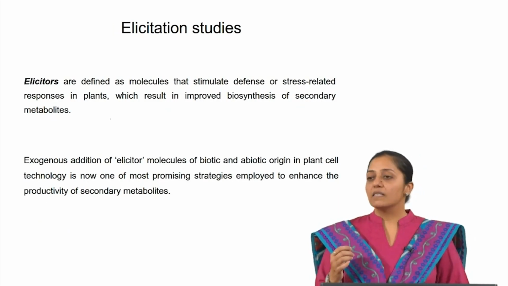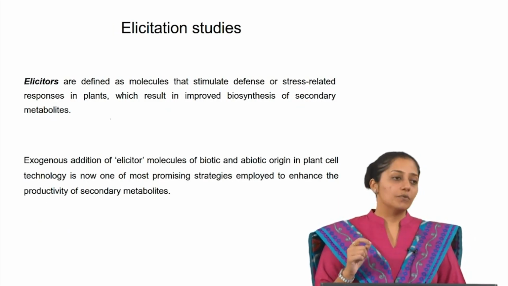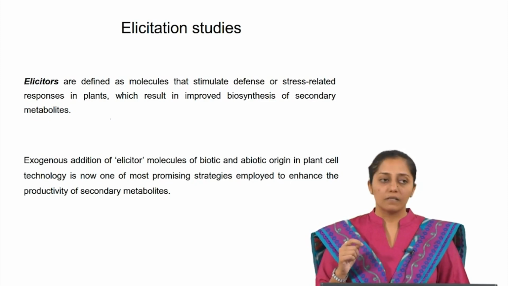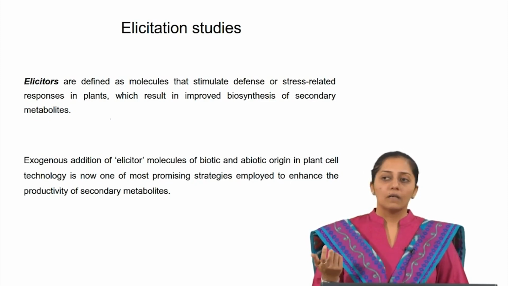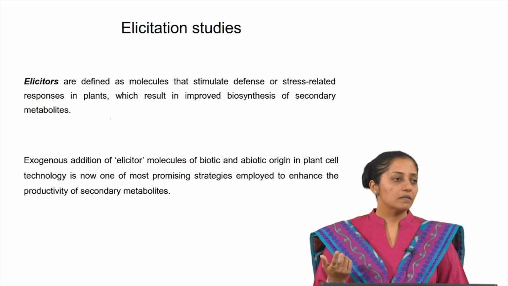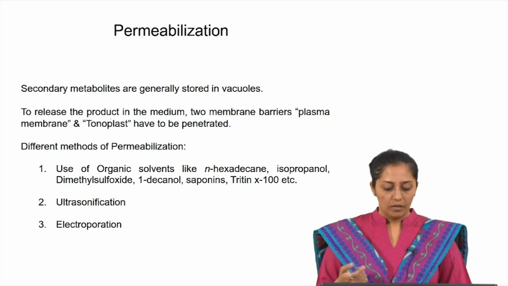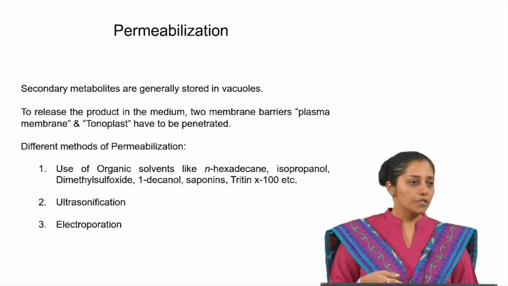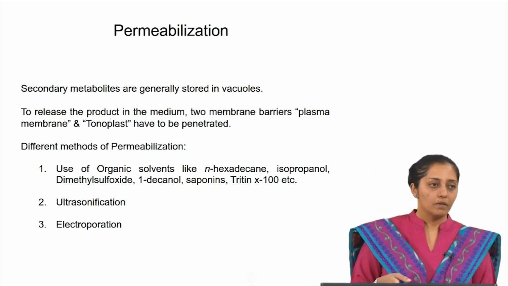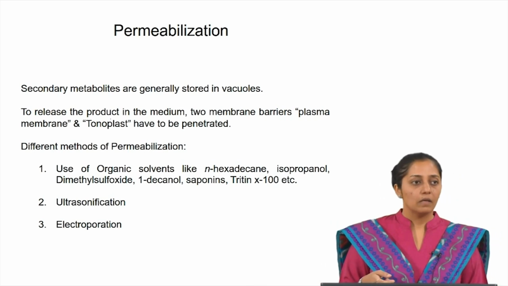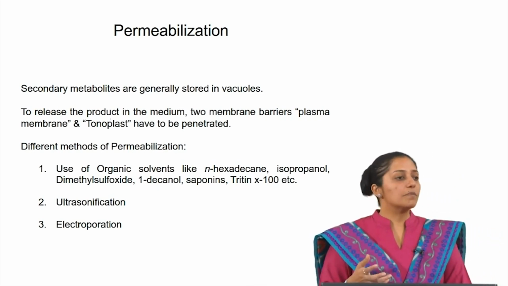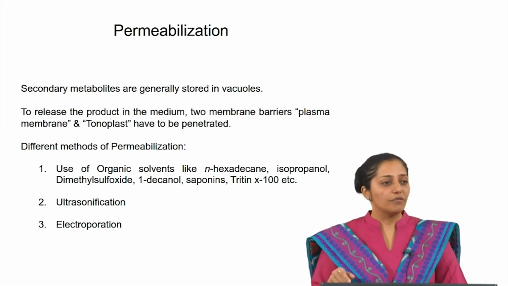But the key is the concentration in which you are using them. Even if you use surfactants, how do they increase the cell permeability? Some of the organic solvents are surfactants, and they are solubilized because they also have hydrophobic and hydrophilic ends.